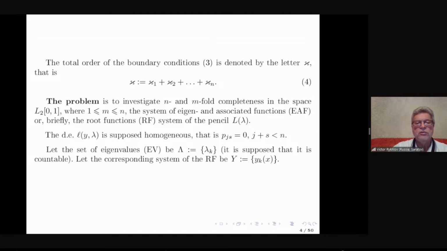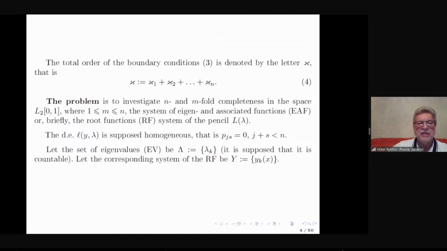The problem is to investigate n- and m-fold completeness in the space L2 on (0,1), where m is from 1 to n inclusively, of the system of eigen and associated functions, or briefly the root function system, of the pencil L of lambda.